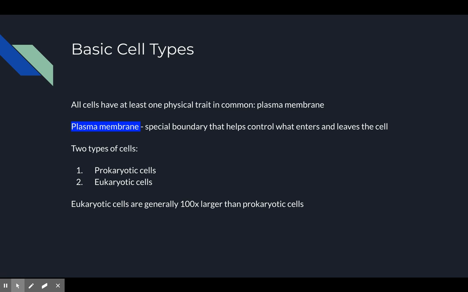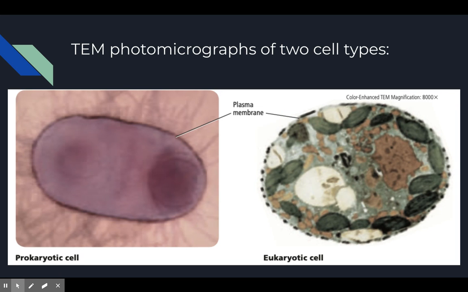There are two categories of cells. They're prokaryotic and eukaryotic. Generally, eukaryotic cells are 100 times larger than prokaryotic cells. So we're going to look at a TEM photomicrograph of these two cells. On the left, we have a prokaryotic cell, and on the right, we have a eukaryotic cell.